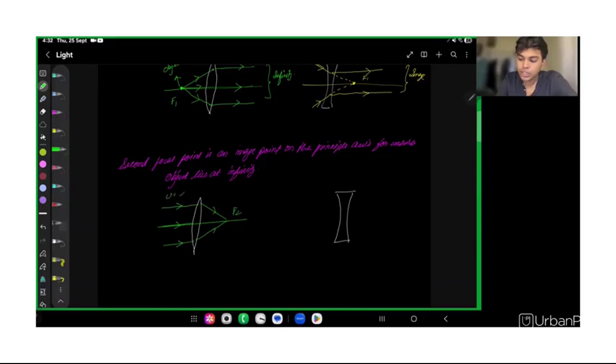So u is infinity, that is, object is at infinity, and the image is here at a finite distance. For the concave lens, again the object is at infinity, and the image is formed on the principal axis at focal point f2. Got it?